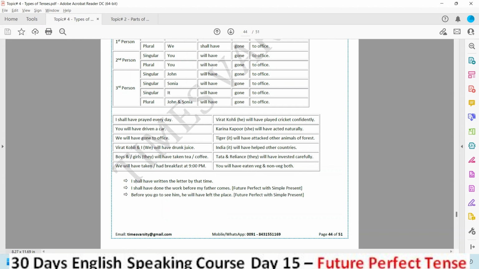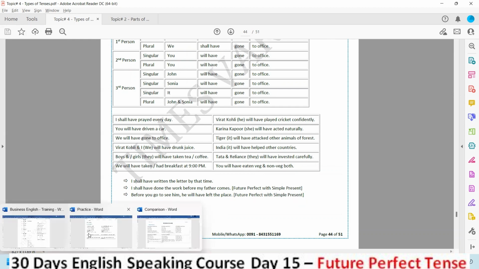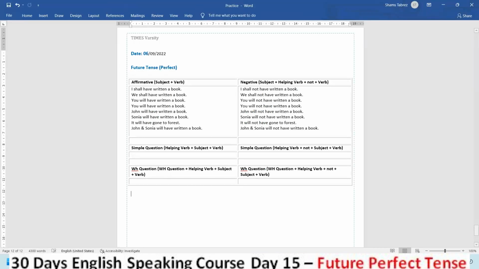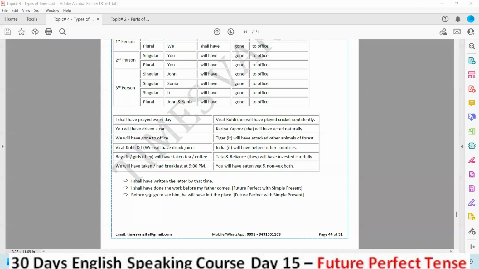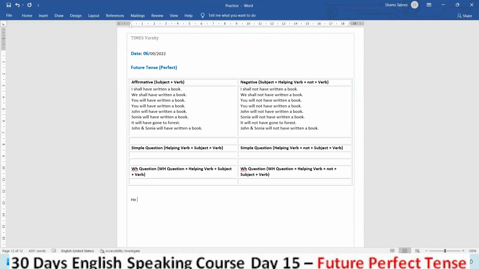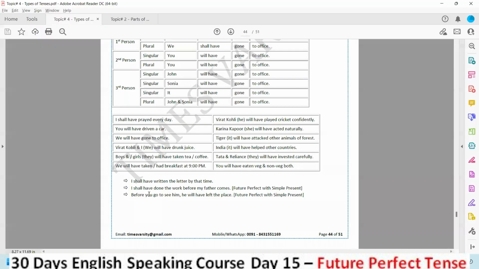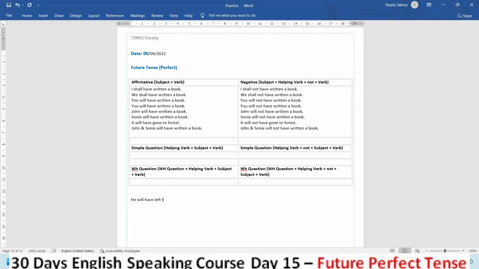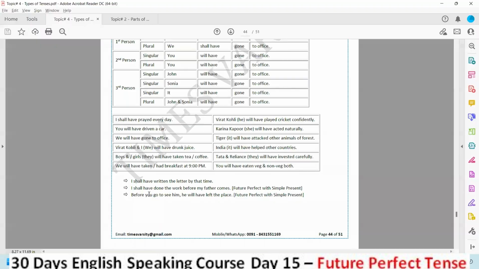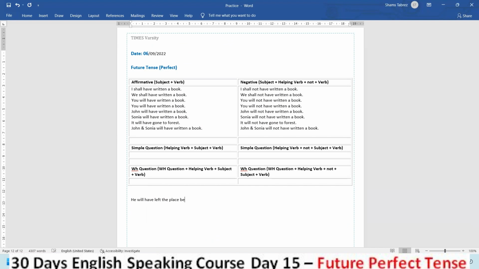So the same sentence can be written like this also. Let me put. First of all, you can say, he will have left the place before you go to see him.